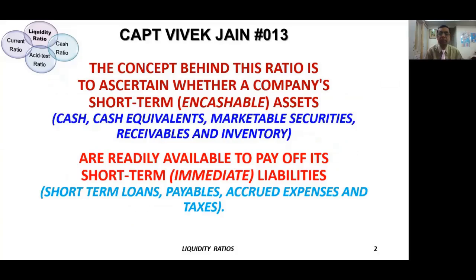The concept behind this ratio is to ascertain whether a company's short-term assets, which can also be called encashable assets, which are actually termed as current assets, and these normally encompass cash, cash equivalents, marketable securities, receivables from sundry debtors, and inventory of the goods which the company may have produced for selling in the market.